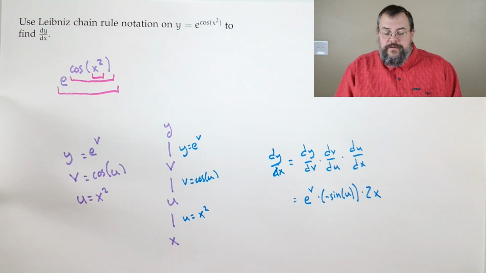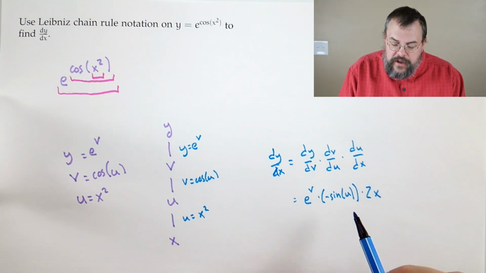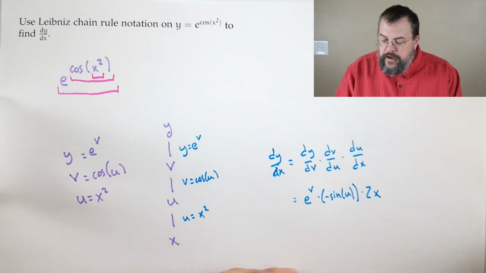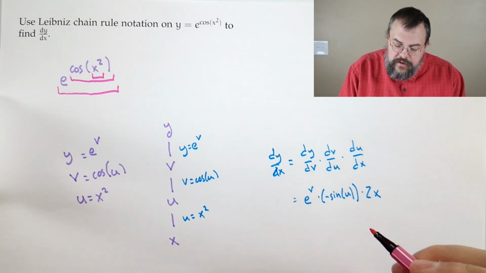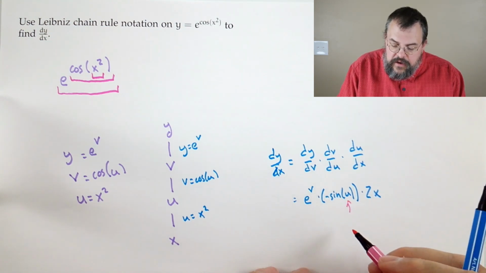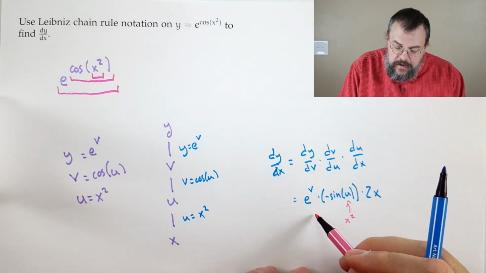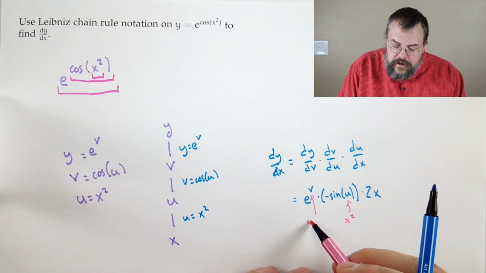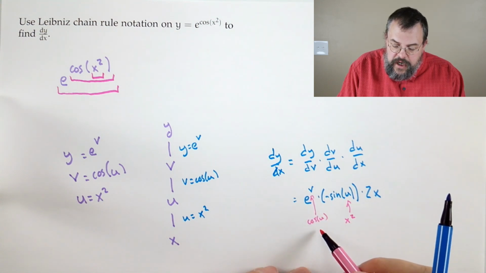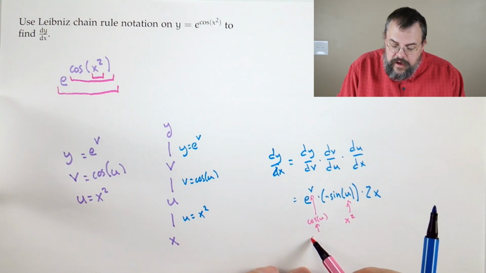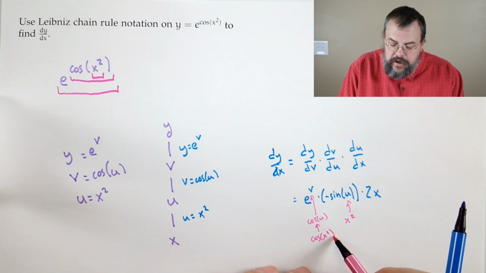Suppose you want it all in terms of x, now you start substituting. So for instance, here, with a u, I can replace u by what it is. U is x squared. How about the v? Well, that's really cosine of u, but I can replace what u is, so that's cosine of x squared.